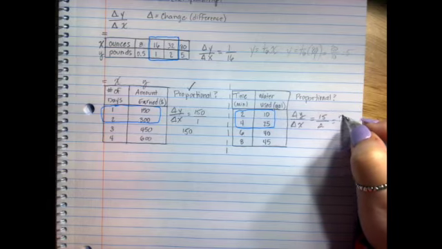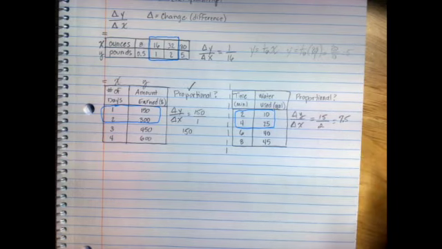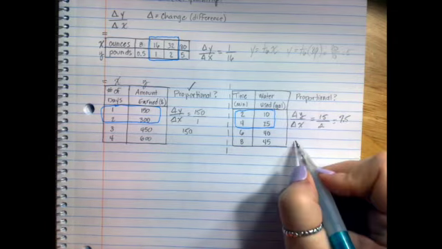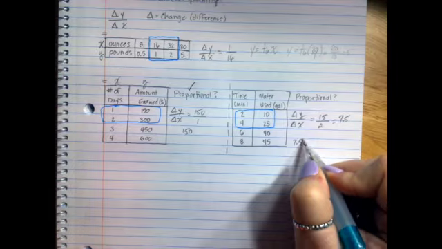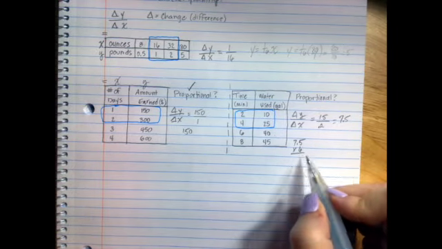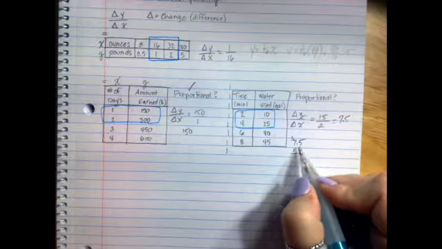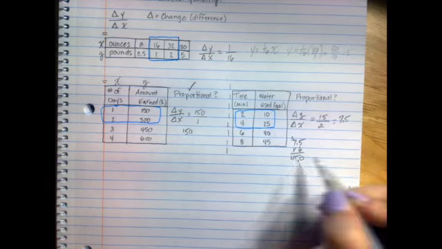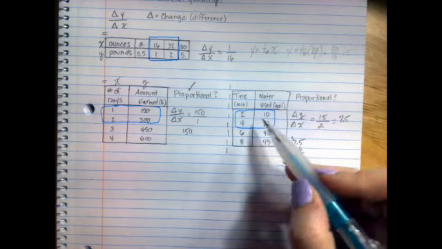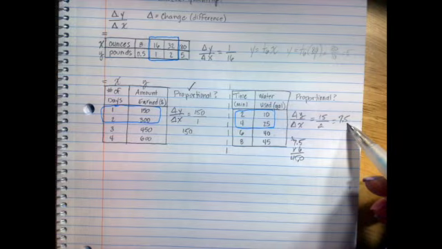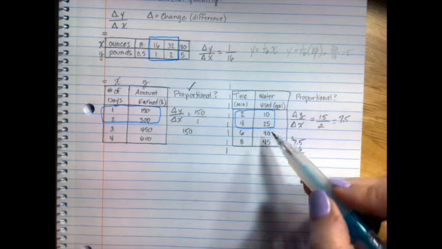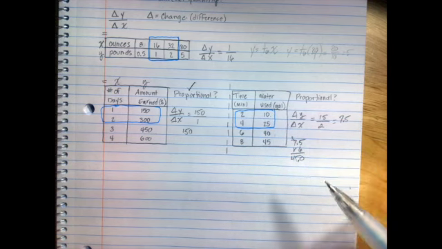So that means 7.5. If I take 7.5 times 6, I can already tell you that's not going to give me 40. If I take 2 times 7.5, that's not 10. 2 times 7.5 is 15. 4 times 7.5 is not 25.